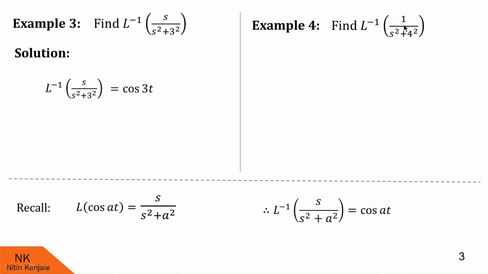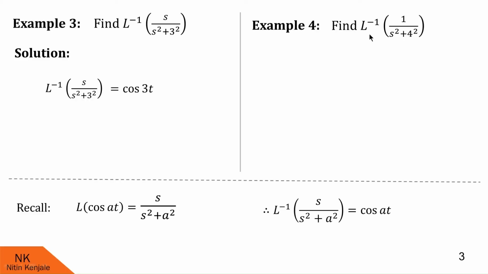Can you bring s over here by simply multiplying and dividing by s? The answer is no. Because if you do so, you cannot take out 1 by s and simply find out L inverse of s upon s square plus 4 square, the way we did in the previous second example. So what can you do? You can use that technique only with the constants.